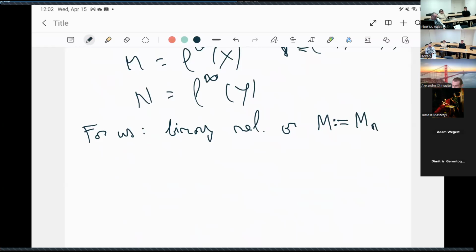Mn, and then n is going to be fixed. n is a bit like the size of the graph. You think of Mn as a quantum set of size n. But it's not going to increase.